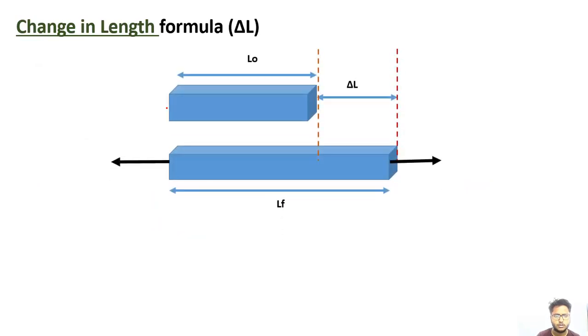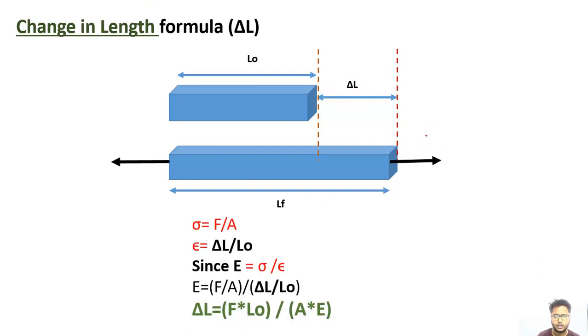Now we are going to see the change in length formula. It is very simple. We can see the same diagram. It is the original length and the final length, and the change in length is delta L when the force F is applied at both ends. The stress is F upon A, and the strain is delta L upon L0.